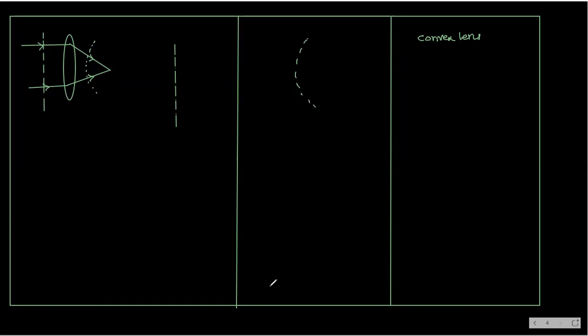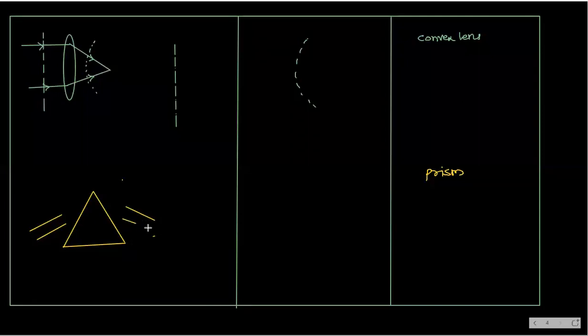Right. Next one, last one is prism. We will try to finish as early as possible. Prism. So you see, I'm drawing one prism here. You can also try as fast as you can. And now this is the incident light. You see, we are incidenting like this only, right? Like this. And refracted will be something like this. Yes, no? Incident.